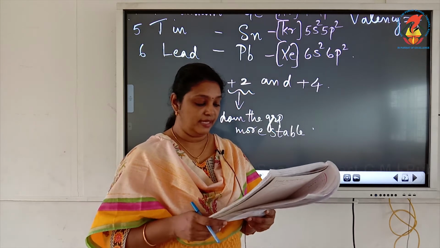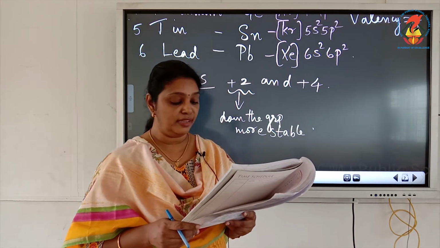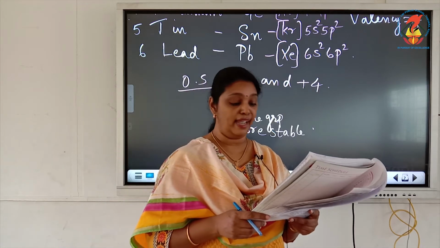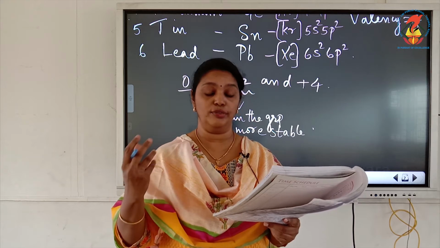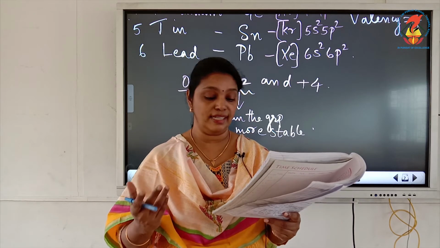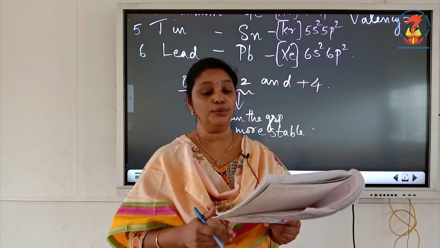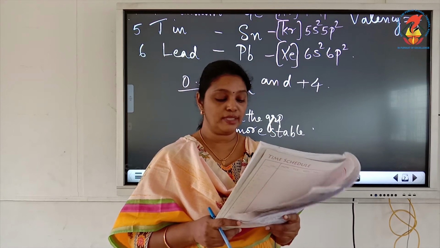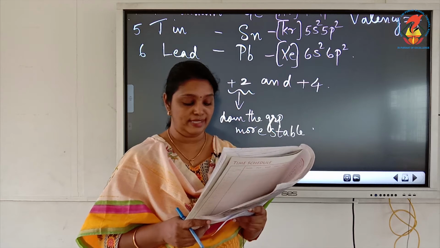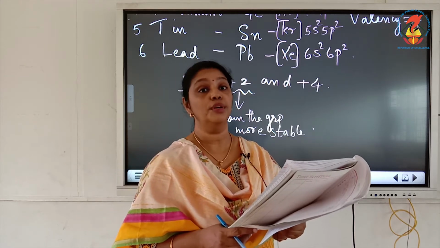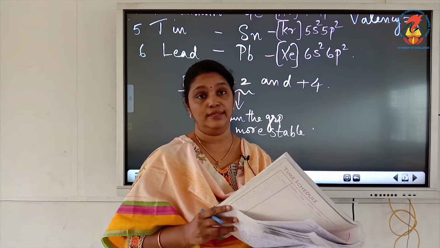Now, the next question is, why is the first ionization enthalpy of group 14 higher than group 13? This is due to small size of group 14 elements and high Z effective of group 14 compared to group 13. Next question, carbon and silicon show +4 oxidation state while other members show +2 oxidation state. Why?